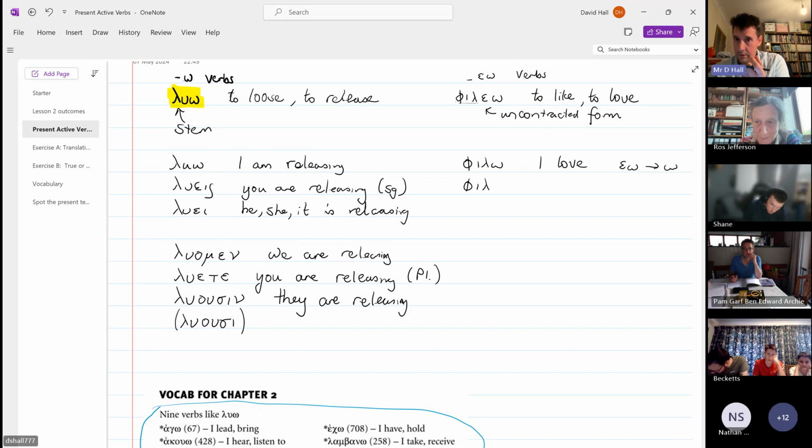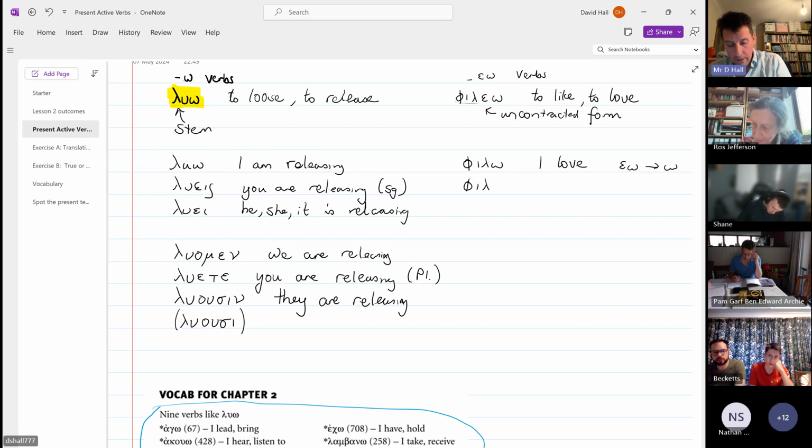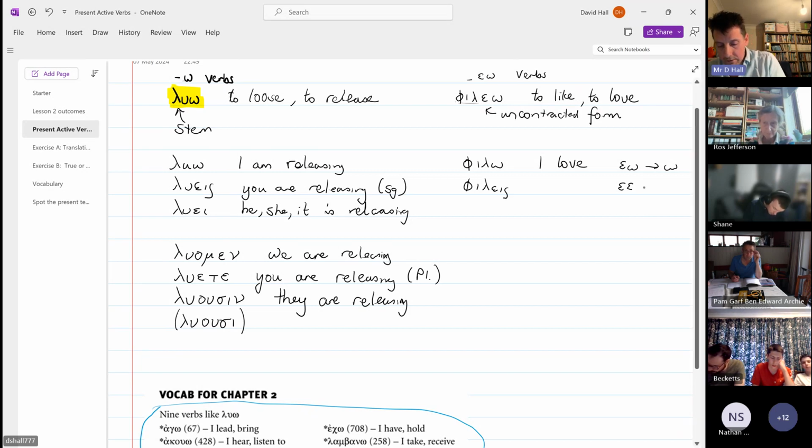And those two epsilons are just going to contract into one epsilon. So we actually end up with something that looks similar. So far, no difference. The two epsilons just contract into an epsilon. And the same is going to happen for the next one.